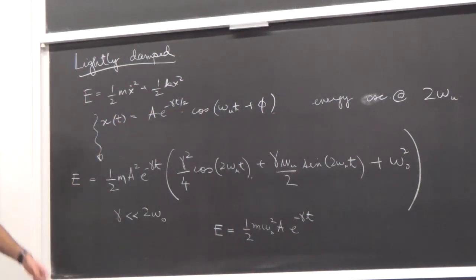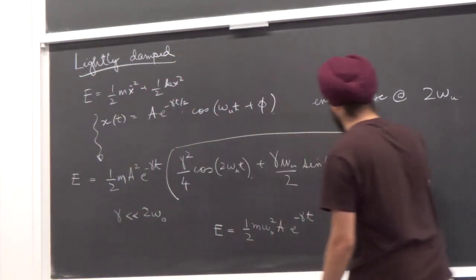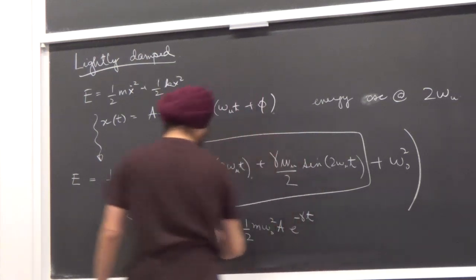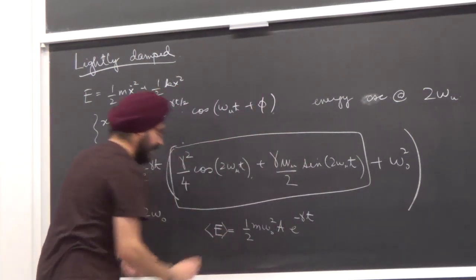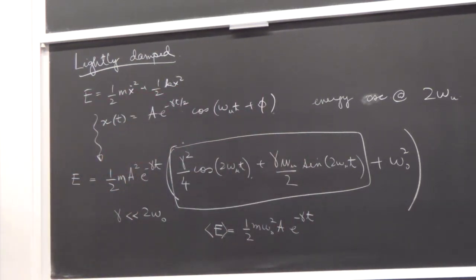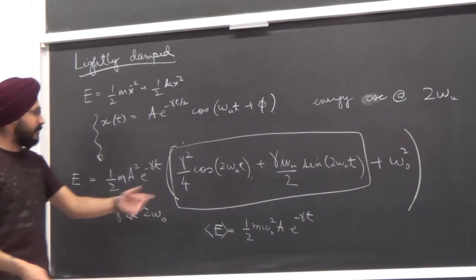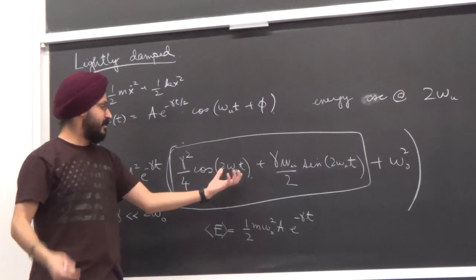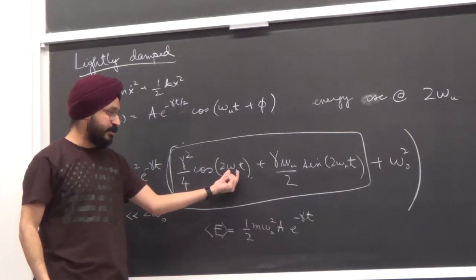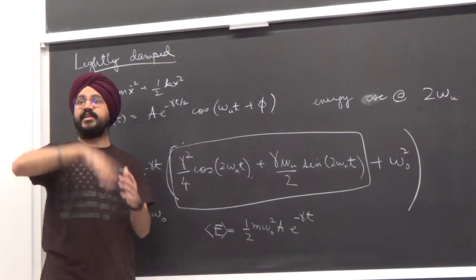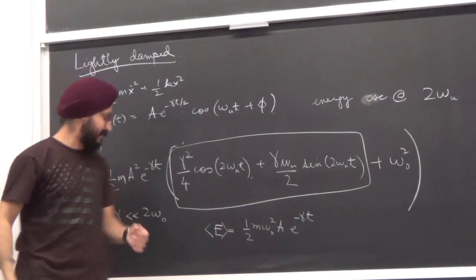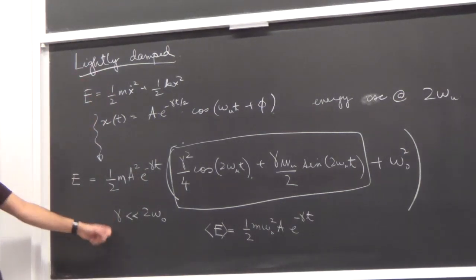I just dropped out these two oscillating pieces. So this is the average energy that I have over time. I average it out over a few cycles, or even one cycle for that matter, under the assumption that omega u is approximately omega naught. There is not much change happening because it's very lightly damped.